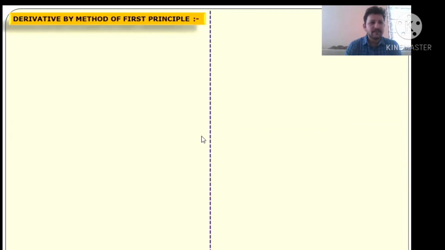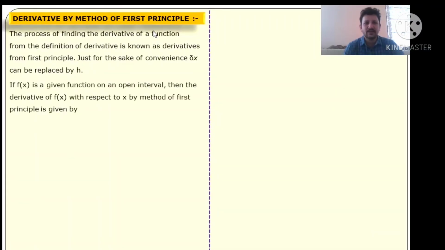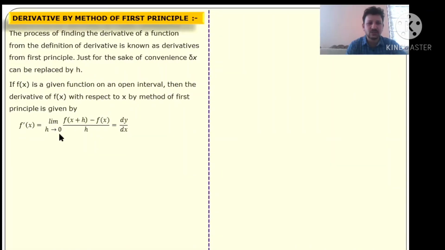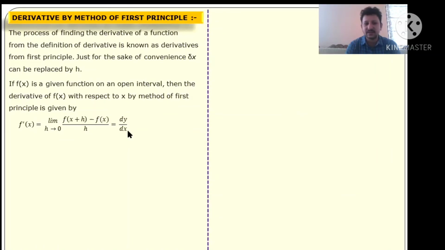Let us continue with differentiability by the method of first principle. We just saw the definition in terms of a limit for the derivative of function f of x. Check here, the definition already seen for f dash of x is limit h tends to 0 of f of x plus h minus f of x divided by h, in the previous slide. The derivative is also denoted by dy by dx.